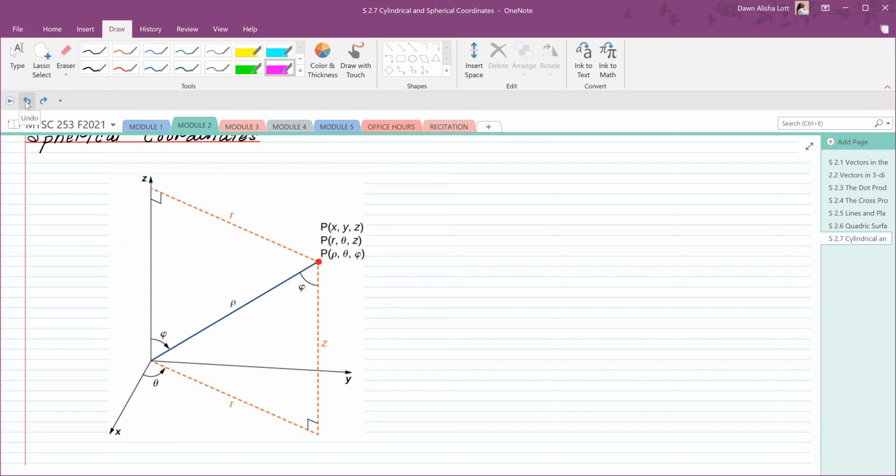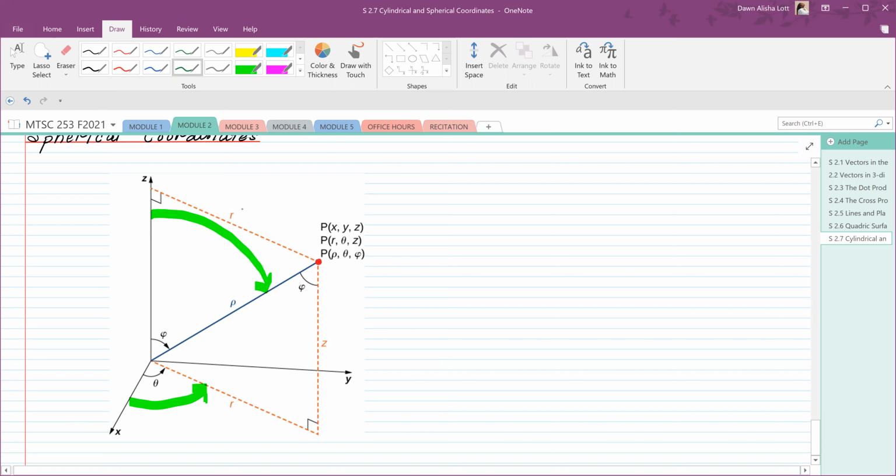I could stick where that point is and say, I like the fact that I swing out this far to get to theta. I'm happy with that. But I also like the fact that I can go from the z-axis and swing all the way down to that ray and call that phi.